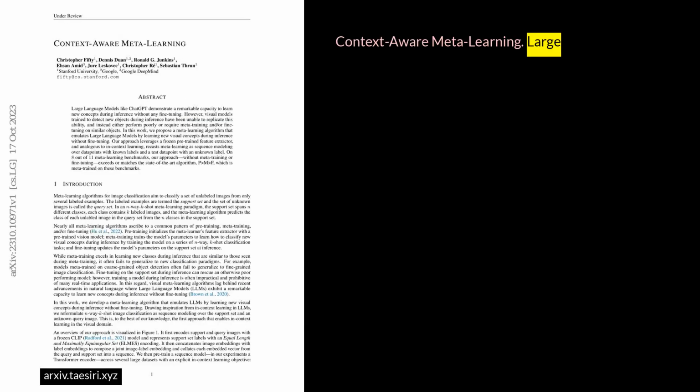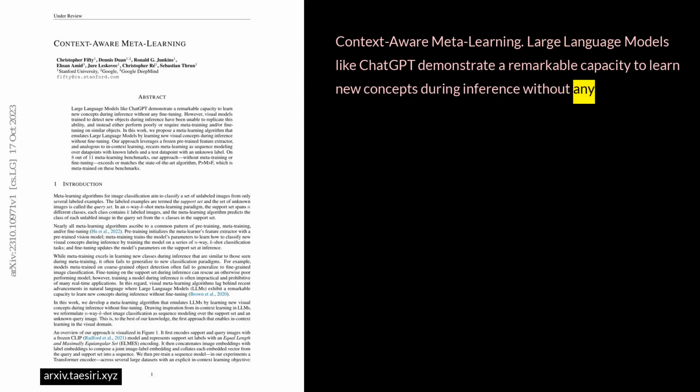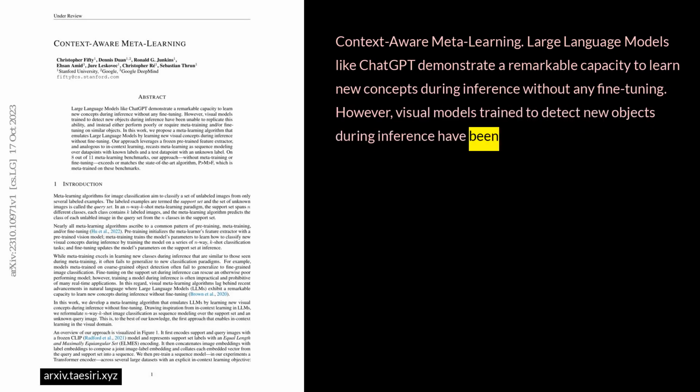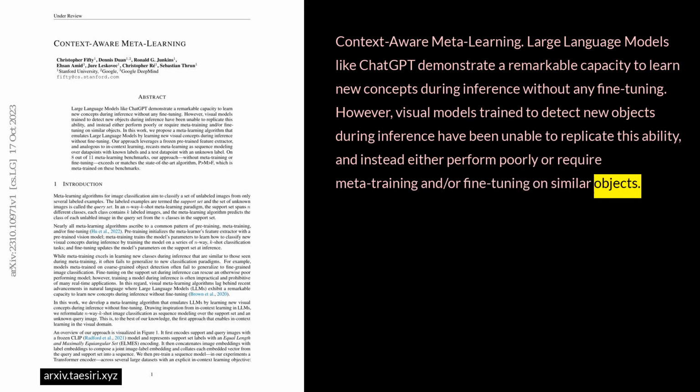Context-aware meta-learning. Large language models like ChatGPT demonstrate a remarkable capacity to learn new concepts during inference without any fine-tuning. However, visual models trained to detect new objects during inference have been unable to replicate this ability and instead either perform poorly or require meta-training and/or fine-tuning on similar objects.